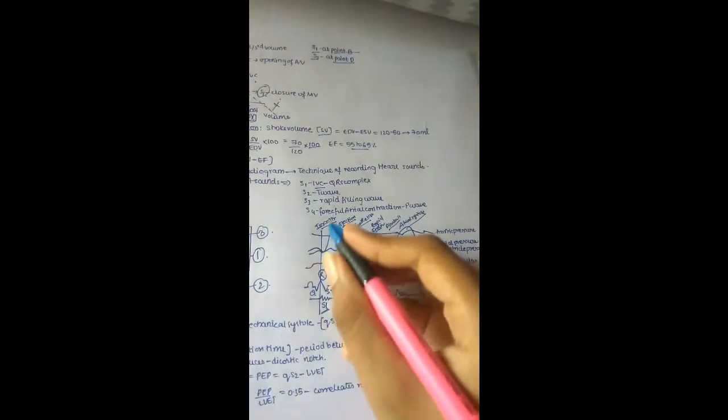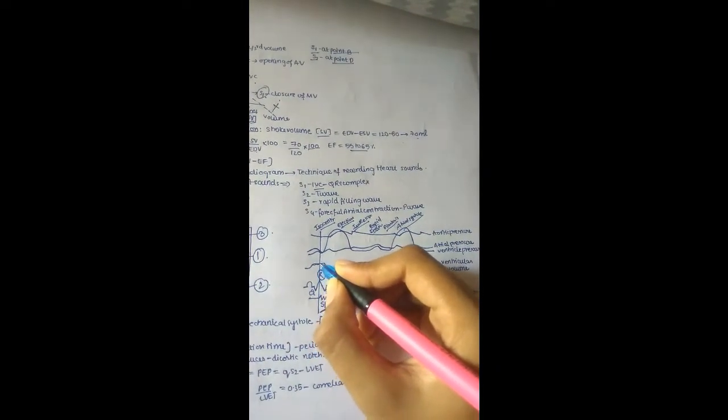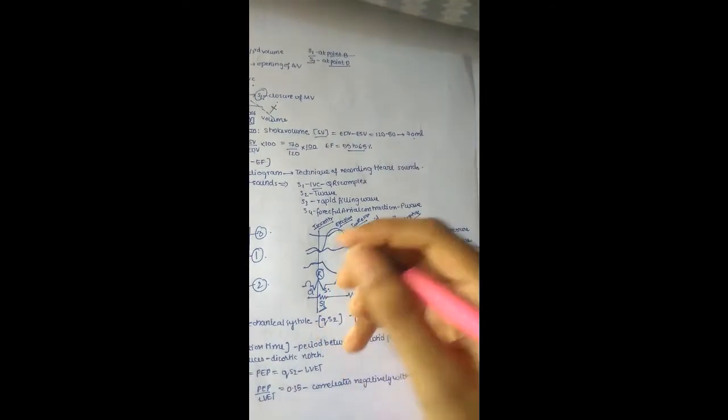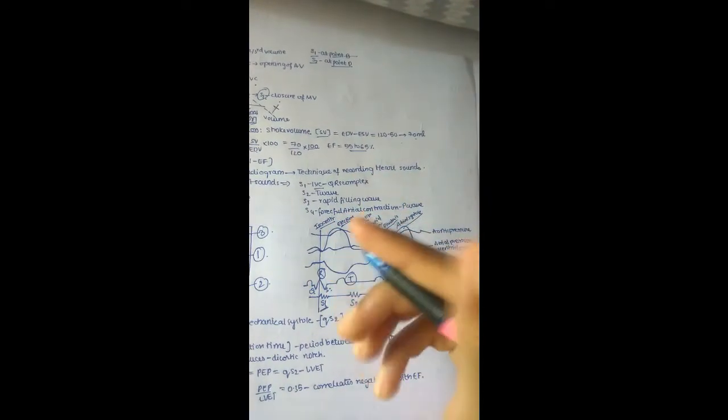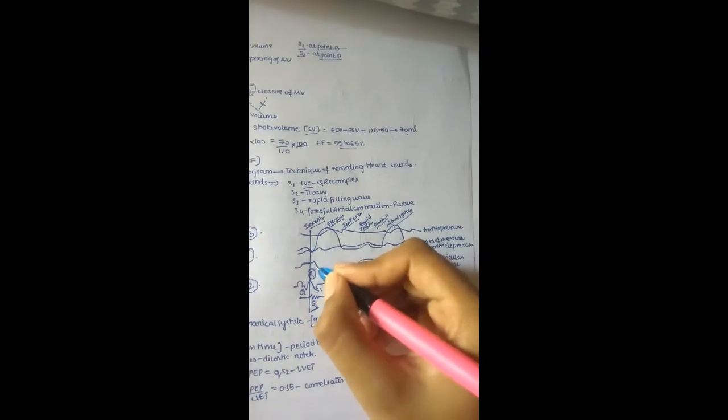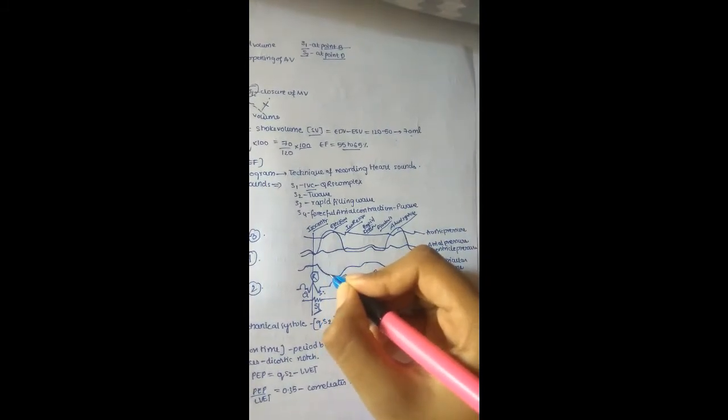The only remaining one is our ventricular volume. Ventricular volume is very easy to understand. During isovolumetric contraction the volume decreases, because contraction means the ventricle is getting smaller. Even during ejection it decreases rapidly.